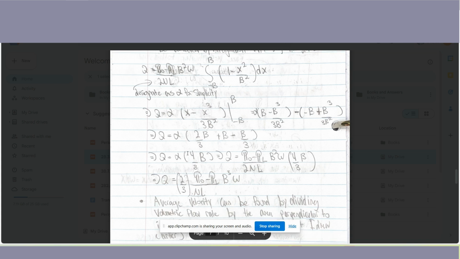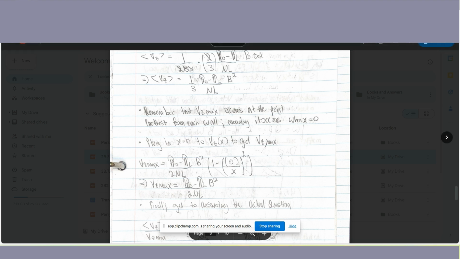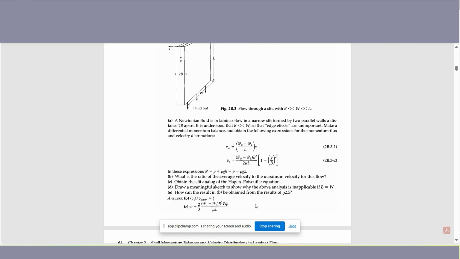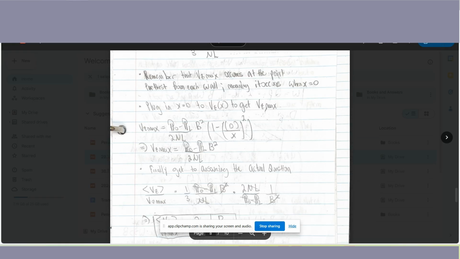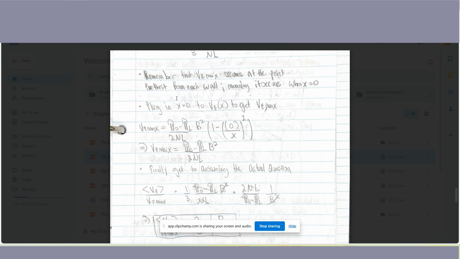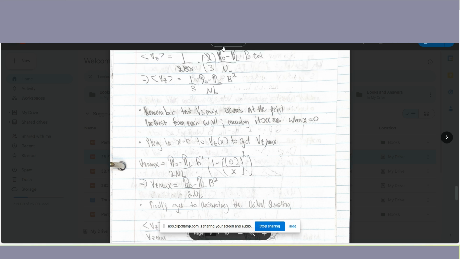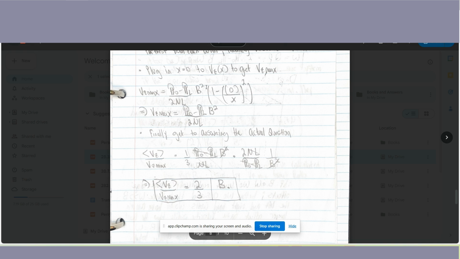Question B is asking us for the ratio of average velocity to the maximum velocity. So you just multiply this times the inverse of this, because it's the denominator.